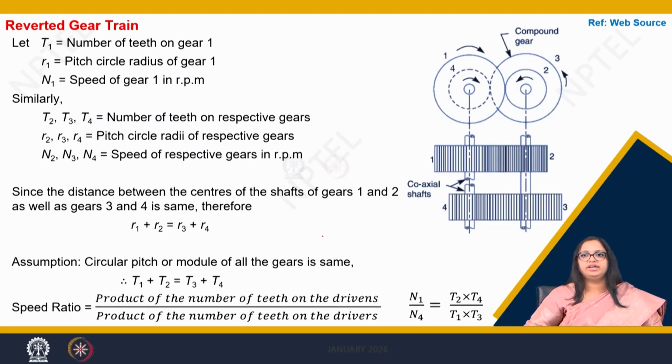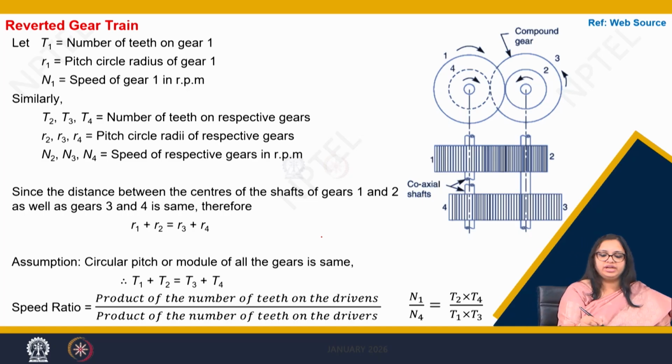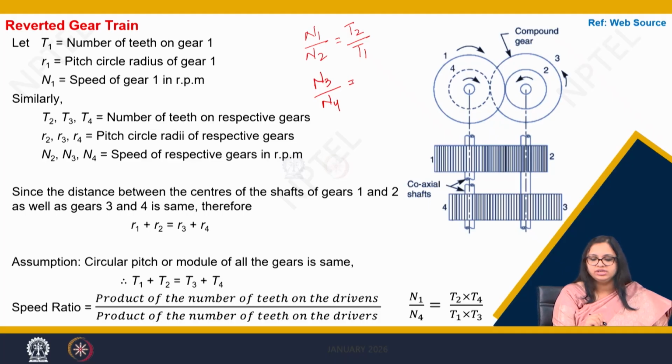Well, how do we find the speed ratio of a reverted gear train? What we know is that we can directly write N1 by N2 is equal to T2 by T1. Now my N3 is in mesh with N4, so N3 by N4 is equal to T4 by T3.